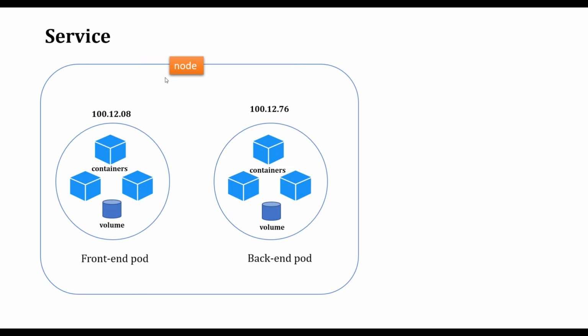Also, we understand that if any pod dies, the replica set will immediately bring up a new pod with a new IP address. But what if this keeps going? I mean, due to some problem, pods keep dying and being replaced with new pods with new IP addresses. In such a situation, how can my front-end pod connect to the backend pod, because the IP keeps changing, right?